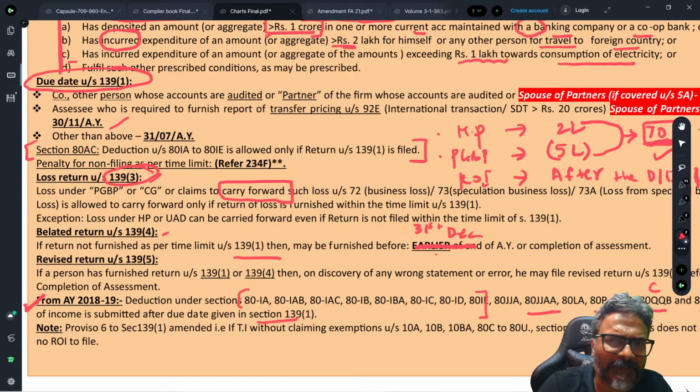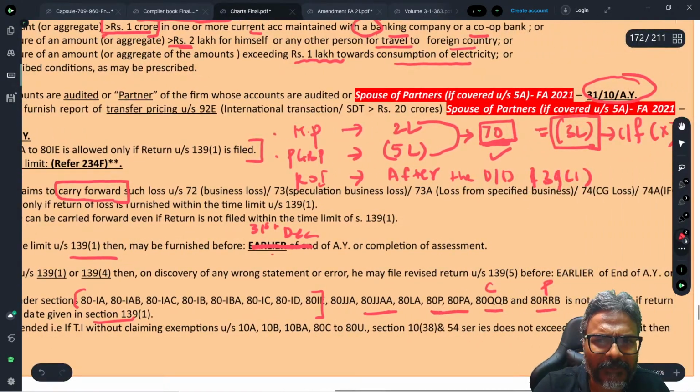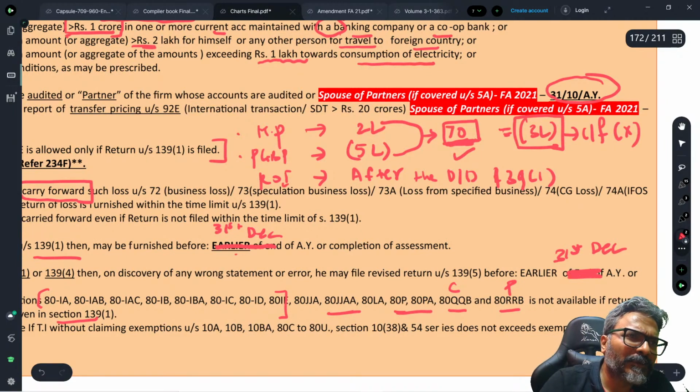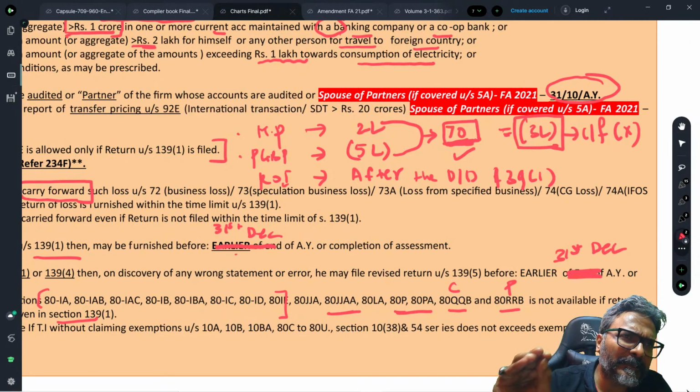Same is also for the revised return. It is also now the same thing, which is the 31st of December of the AY. So just keep this particular amendment in mind. The last return for any particular assessment year, be it the revised return or the belated return, is 31st of December of that particular AY.